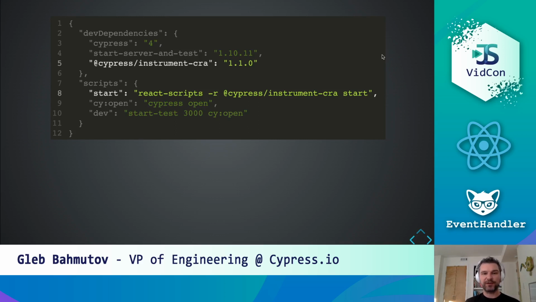If you use a React scripts React application, you can install the Cypress instrument CRA module and then put it right in between React scripts and the start command as a require module. This will load that module first. It will look around, it will insert the instrumentation module into your Webpack config, and then your app magically will be instrumented.